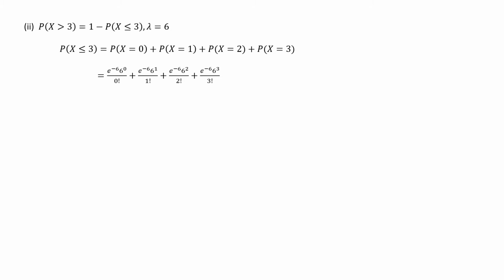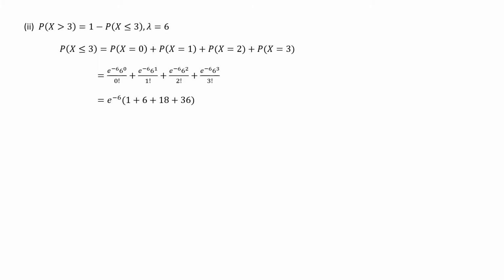So plugging each one into my trusty formula, you'll see that e to the minus 6, 6 to the 0 over 0 factorial. Of course, 0 factorial must be 1, otherwise our number system doesn't work the way we want it to. Plus e to the minus 6, 6 to the 1 over 1 factorial, etc. It's not a bad idea if students are using calculators to take that e to the minus 6 out.